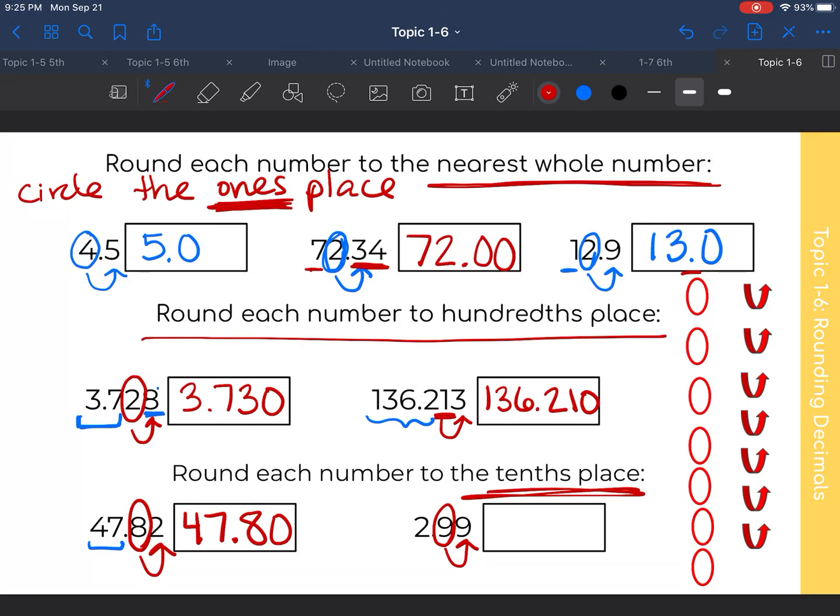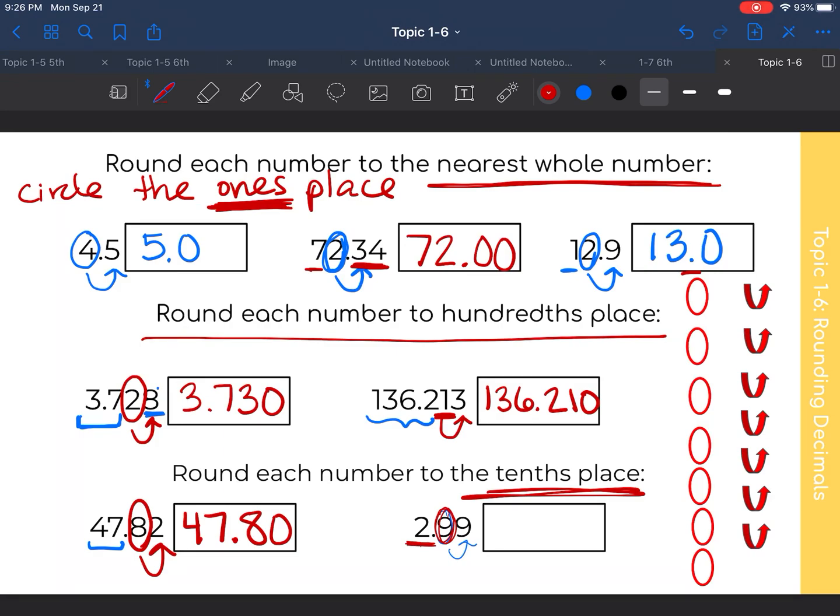That 9 obviously is greater than 5, so we're going to bump up. But how do we bump up? If we circle this, how do we bump up this 9 right here? We can't just make this a 1 and then a 0. Well, it's 99, so we're going to bump it up, and we're actually going to increase that too.